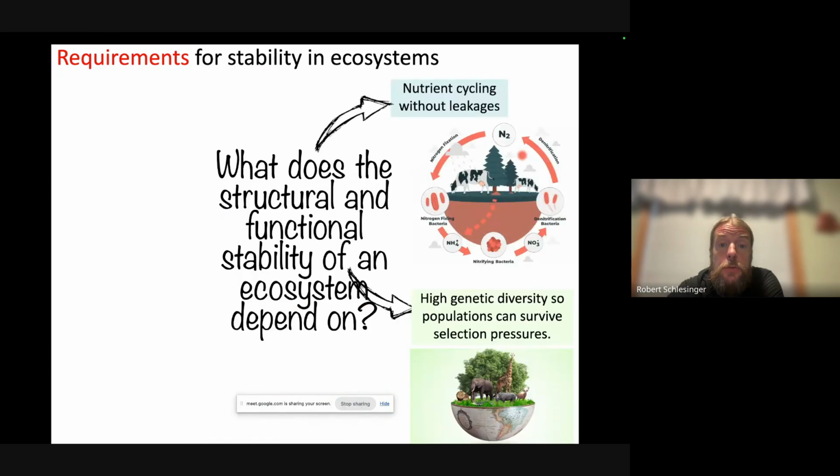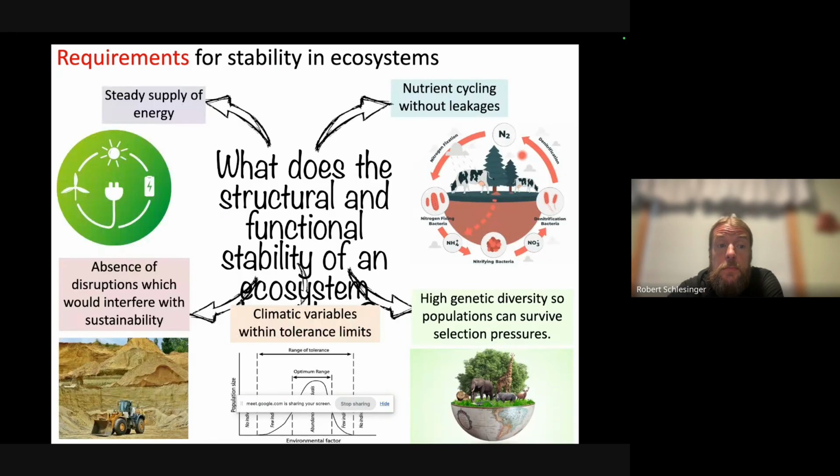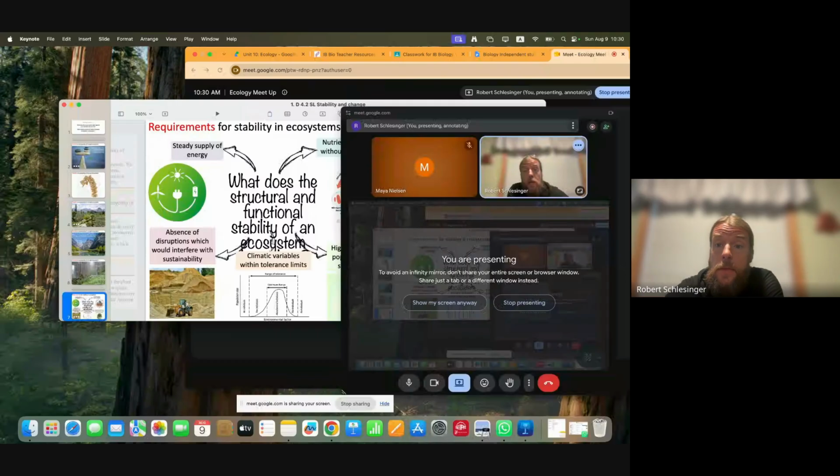How much humans are interfering with the ecosystems is a huge factor to consider. And then finally, just how regularly ecosystems are getting energy via sunlight. So all of these are helping to maintain ecosystems. And so if we eliminate any of these, then our ecosystem becomes much more fragile.